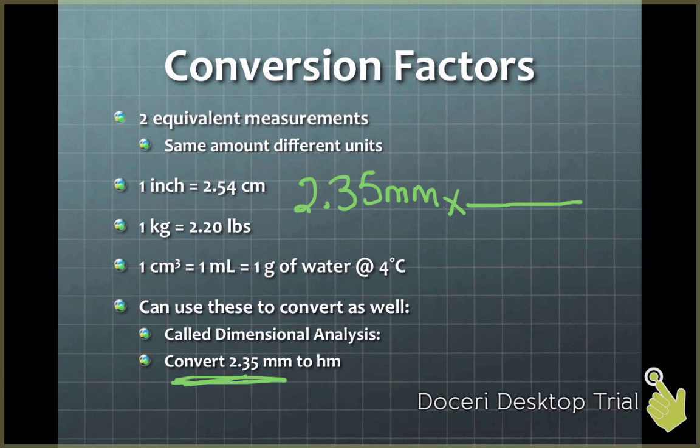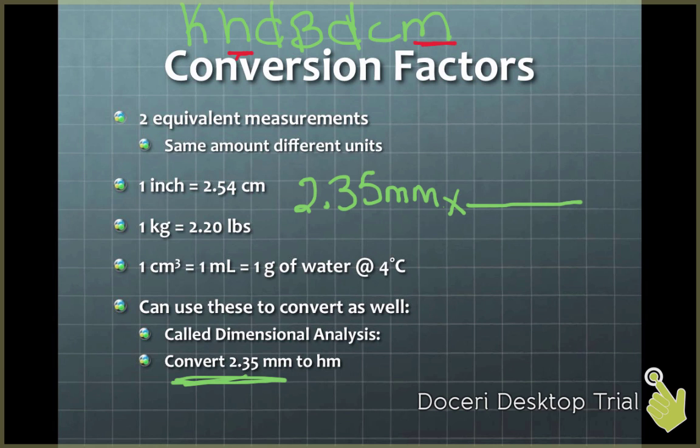So we had kilo, hecto, deca, and then we had our base unit. Then we had deci, centi, and milli. So we're wanting to go from millimeters to hectometers. So we're wanting to go from here all the way down to here. So to do that, we're going to have to figure out what our conversion factor is.